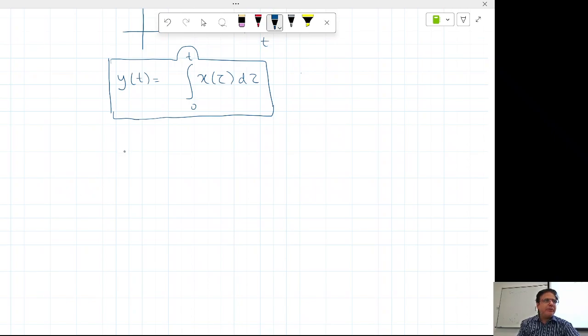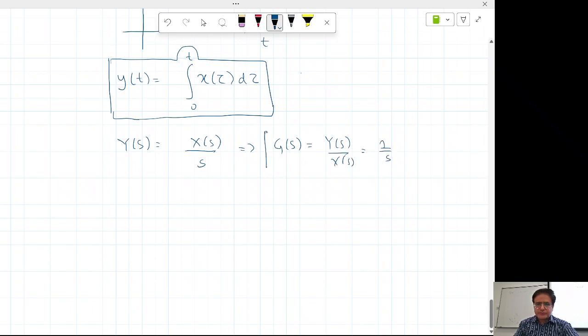It's fine, you don't remember. Yeah, you're right, 1 over s. So take the Laplace transform of both sides, you will get y of s equals x of s over s, right? And from here, you can find the transfer function of this integrator process. It's going to be G of s equals y of s over x of s, that is equal to 1 over s. So this is a transfer function representing a continuous time integrator.